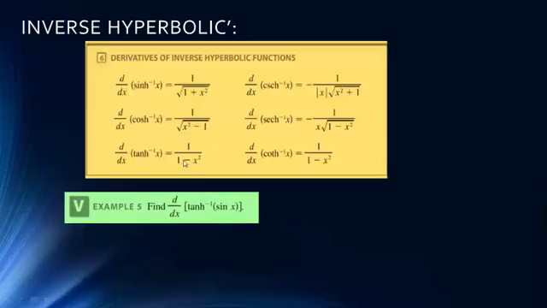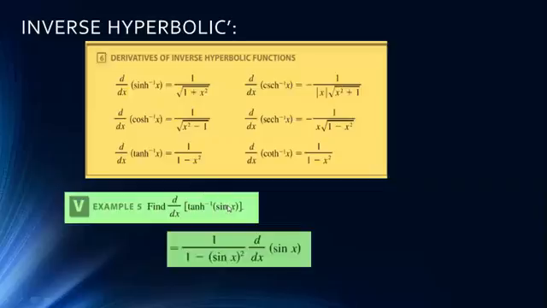So we're going to get 1 over 1 minus sine squared x, times the derivative of the argument. And the derivative of the inner function is simply cosine x.